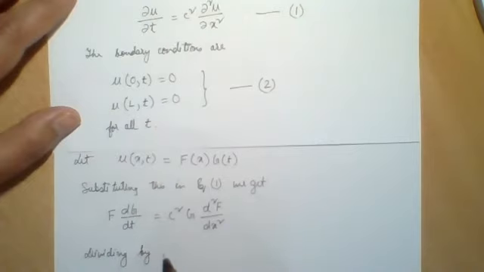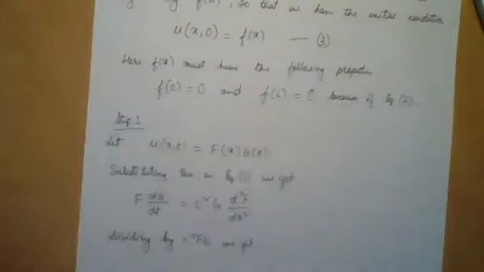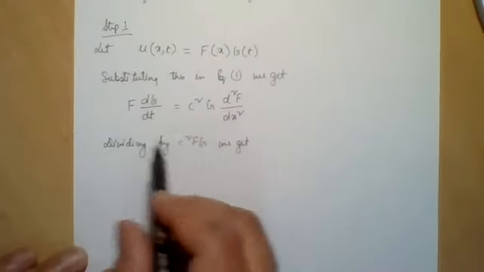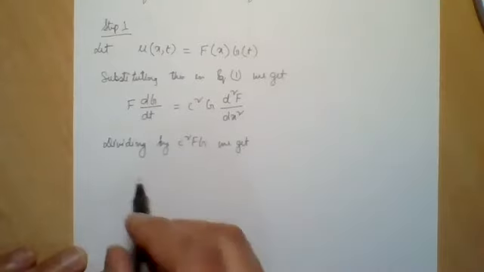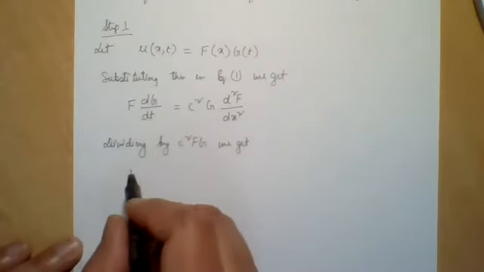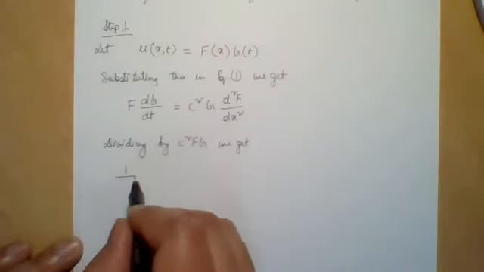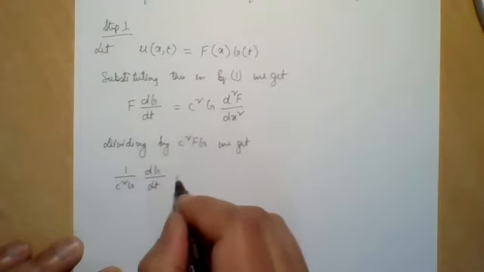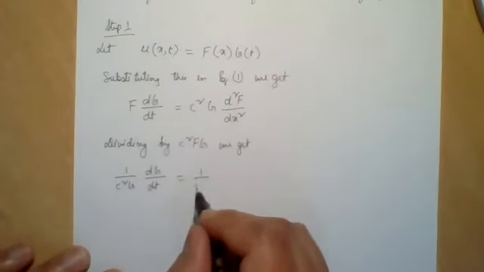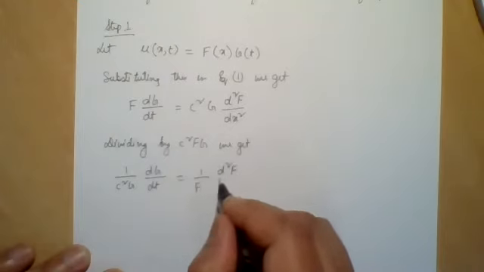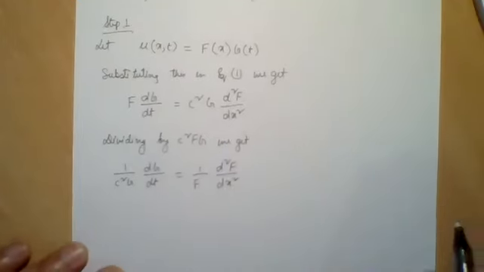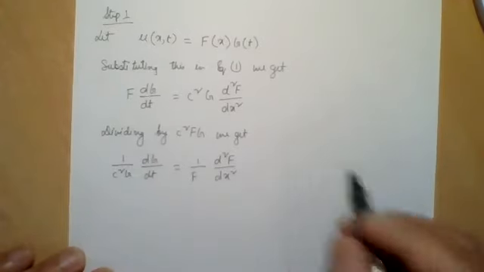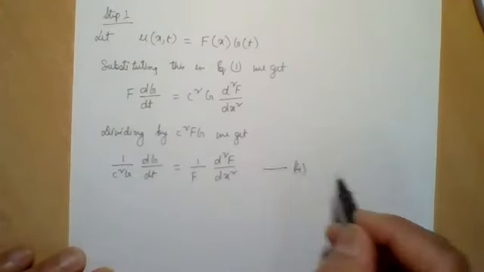Dividing by c square f g on both sides, what do we get? We get 1 by c square g dg by dt equal to 1 by f d2f by dx square. This we shall call equation number 4.